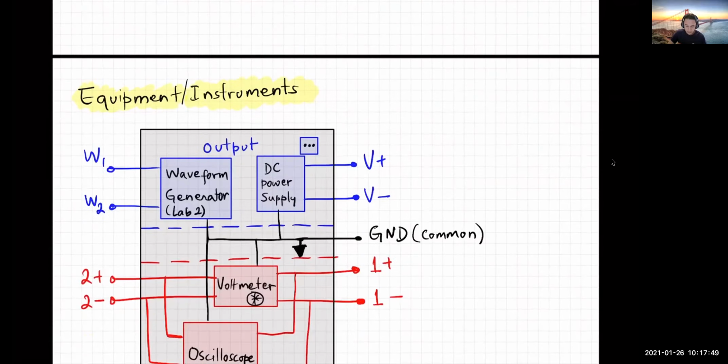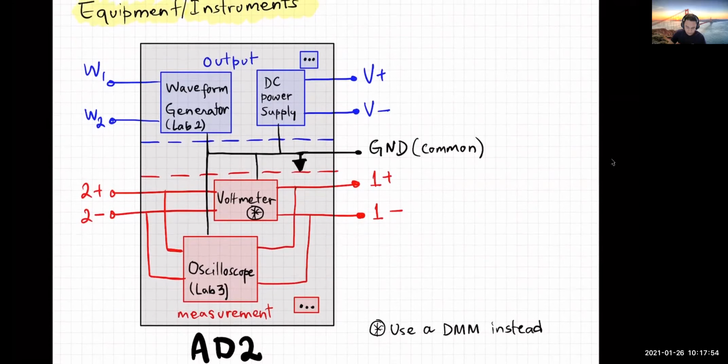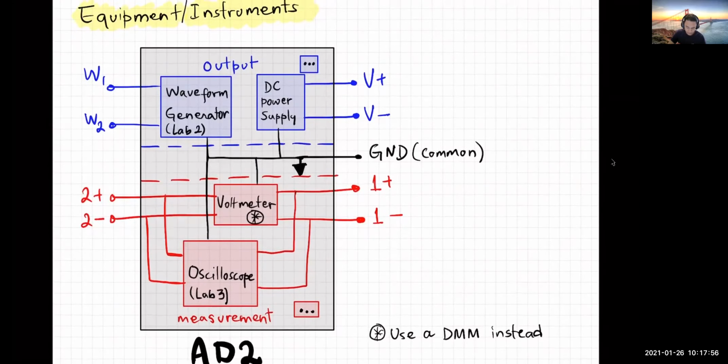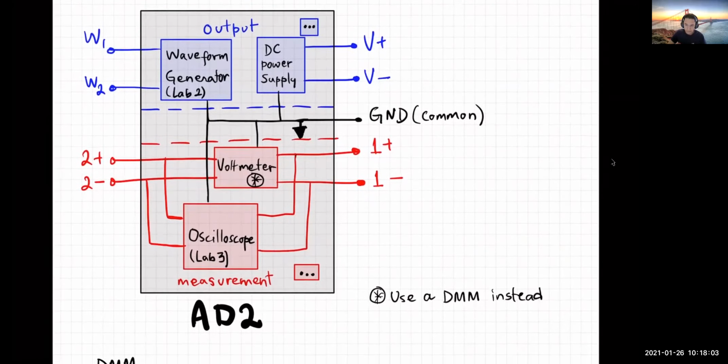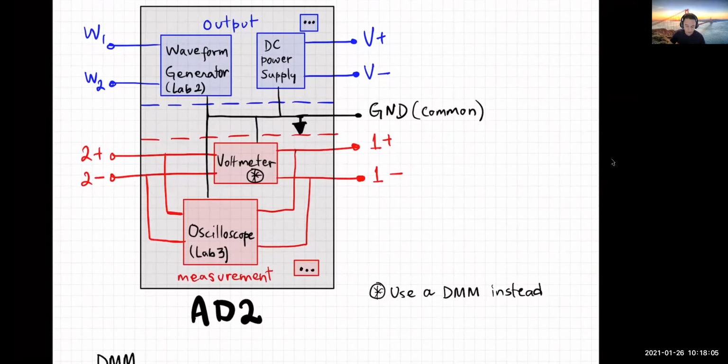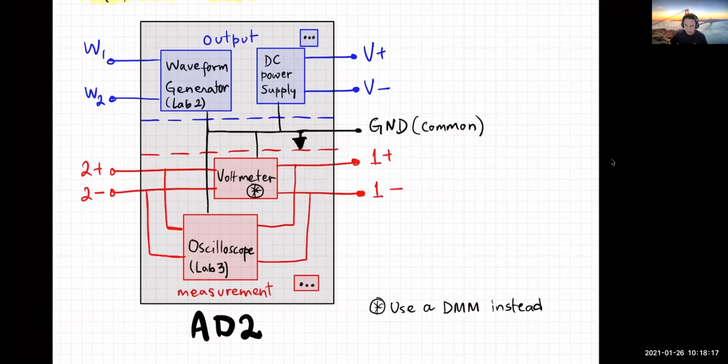Okay, so next we'll start talking about equipment and instruments. I don't know if you have the 82 yet or not, but I'll go over this really quickly. The 82 is not one instrument. It has 6 or 7 different instruments packaged into one single package. All of the instruments that you will need, except for the DMM, are in the 82.